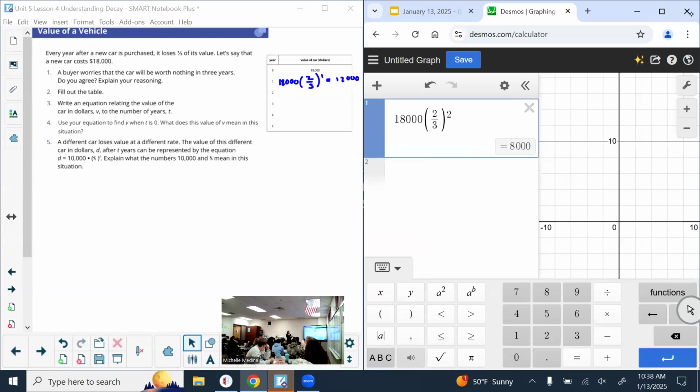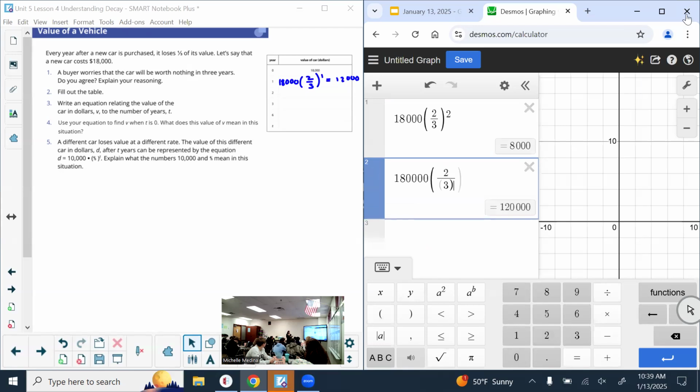Or I could just do 18,000 times 2/3 and then times 2/3 again. That's the same thing as putting it to the power of 2. Right now they're the same. After 2 years, it's worth 8,000.